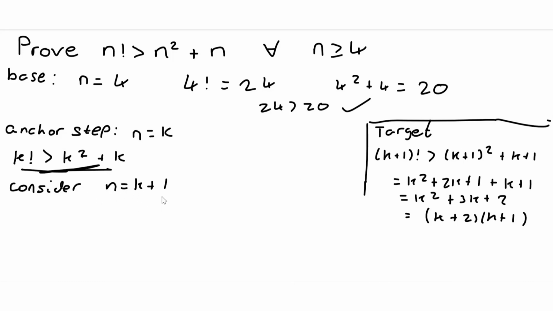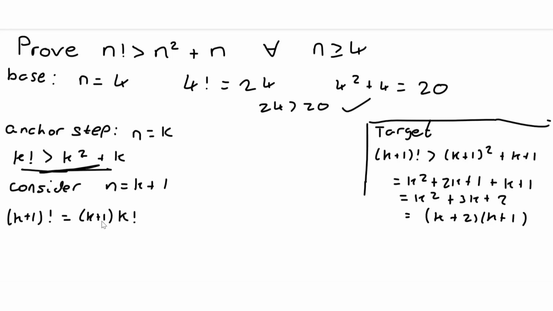So let's consider what we have here. We know that k plus 1 factorial is equal to k plus 1 times k factorial.